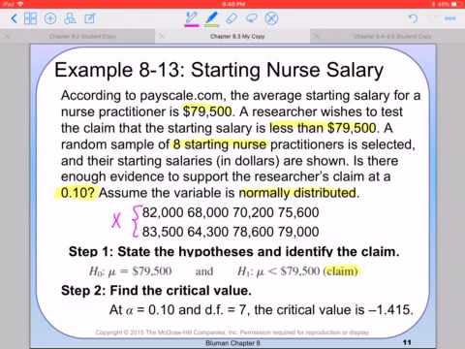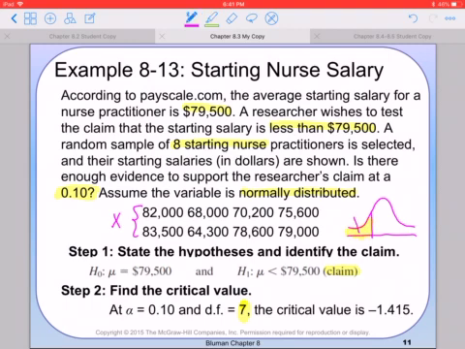So here we go. We want to find the critical value. Alpha is 0.10. The degrees of freedom is 7 because that's 8 minus 1. Let's see exactly how you can look that up. We have our normally distributed portion here. It's a left-tailed test because it's less than 79,500.